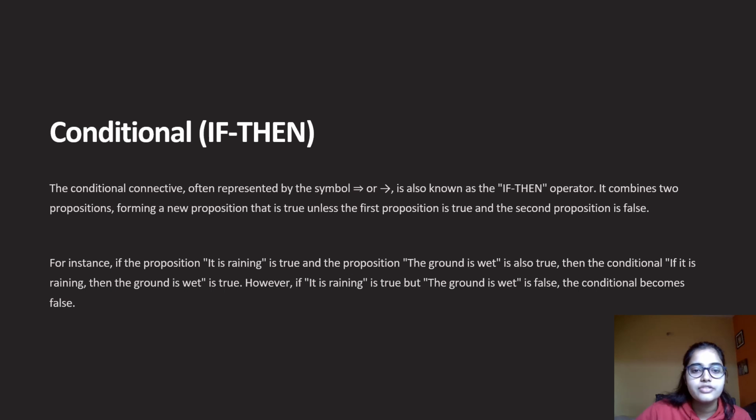For instance, if the proposition it is raining is true and the proposition the ground is wet is also true, then the conditional if it is raining then the ground is wet is true. However, if it is raining is true, but the ground is wet is false, then the conditional becomes false.